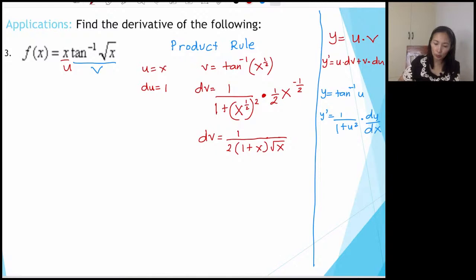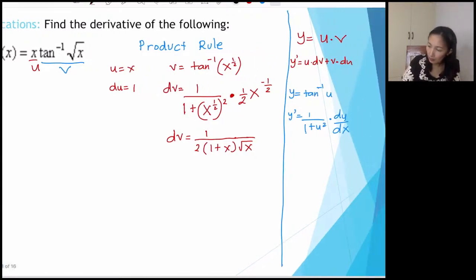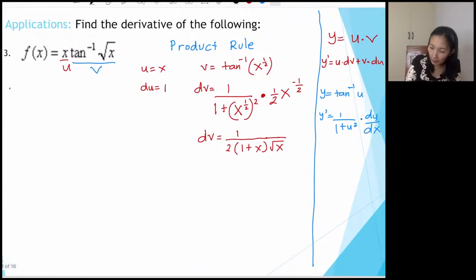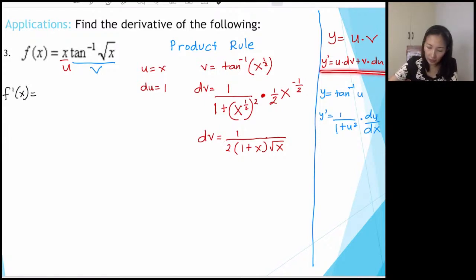Now, let's continue. Okay, let's proceed from here. F prime of x, therefore, is equal to, now going back, we said a while ago that the given takes the form uv. So its derivative must be applying the product rule, u dv plus v du.